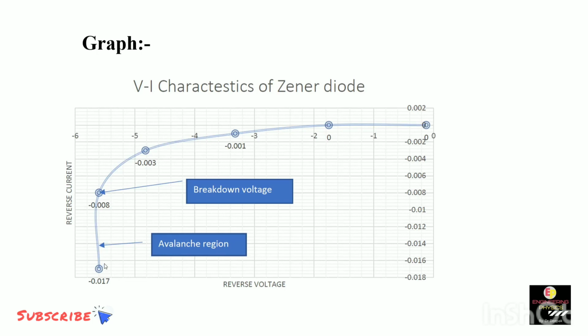Sometimes the instrument gets damaged. To avoid such an incident, we use a series resistance. So this is called the avalanche effect or avalanche region.